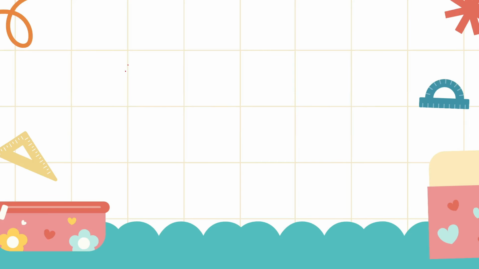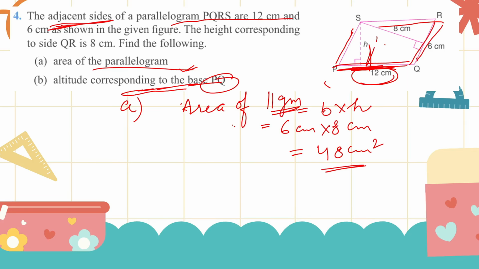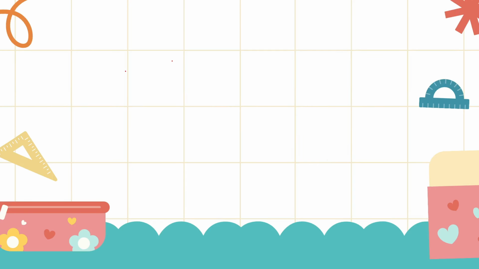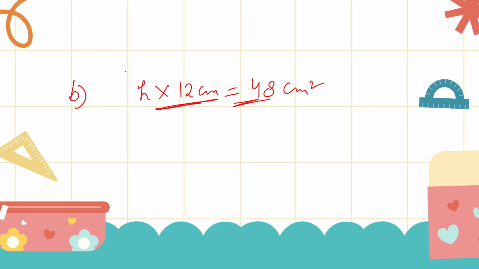Now we can see in the previous slide that we found the area as 48, and we need to find the height according to 12, and then we will do the B part. Here we need to find the height according to base 12, and the area we have found is 48 centimeter square. The same formula we have used: base into height equals 48.